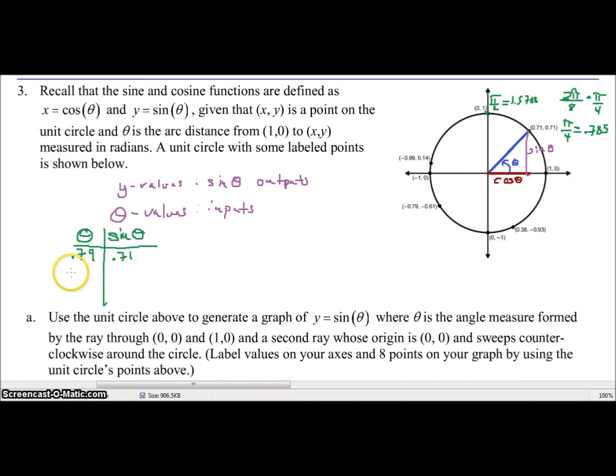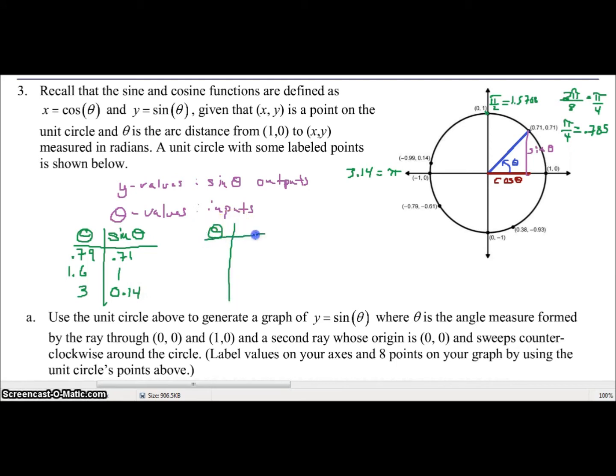When the input is 1.6, the output is 1. Let's see, we know that pi is right here, that's about 3.14. This looks like a little bit less than that, so maybe the angle is about 3 and the y value is 0.14.